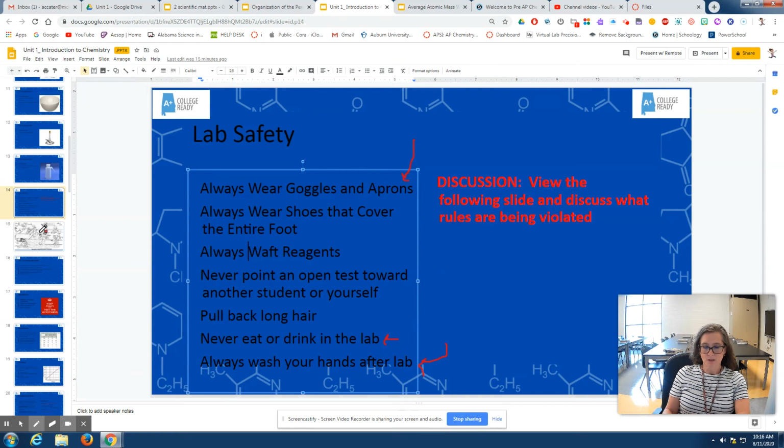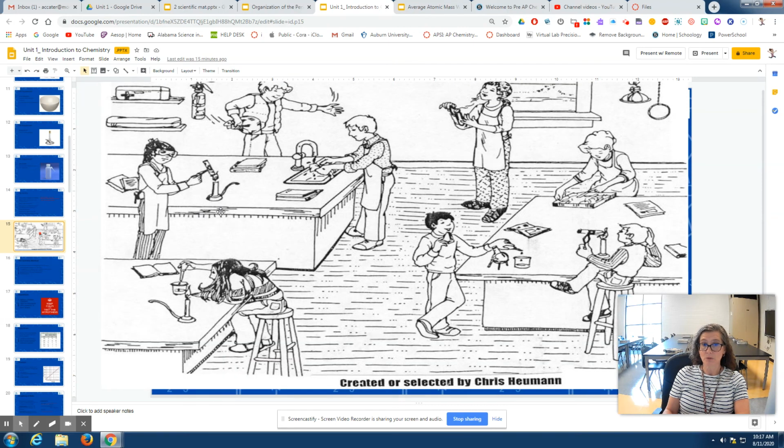Okay, so let's take a look at this picture and see what they are doing wrong and what they are doing right. If we look at this one, we got this girl right here. She has her hair down.